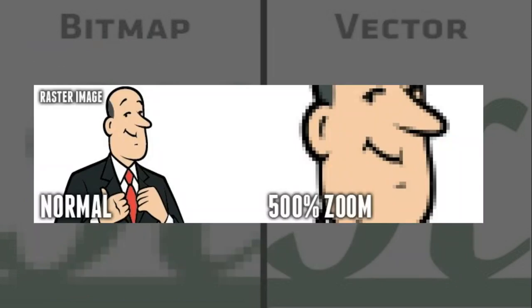And here you can see an image. This is a raster image and what it looks like normally, as you can see on the right here, and then where you zoom in like 500%, you can see these pixels and the lines.